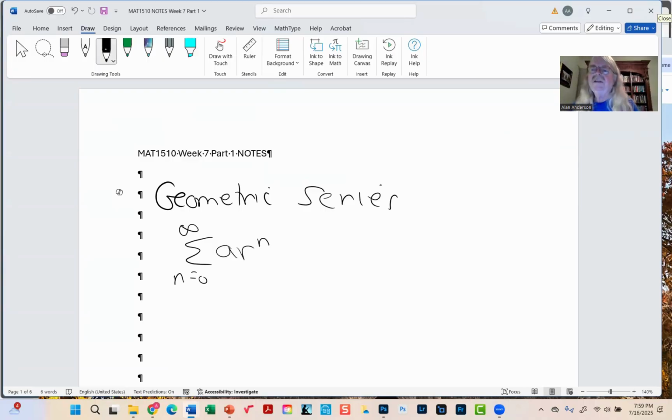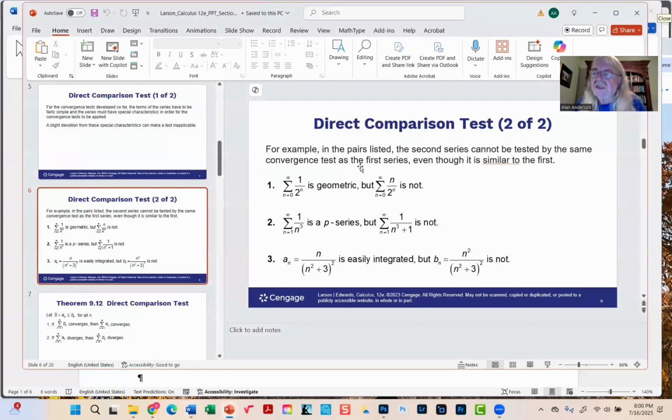And you might recall that this one has a very nice solution. As long as the absolute value of r is strictly less than 1, then this sum is equal to a over 1 minus r. It couldn't be any simpler. Okay, but that requires the absolute value of r to be strictly less than 1. Otherwise, the series diverges, which means it's going to get explosively larger or smaller.